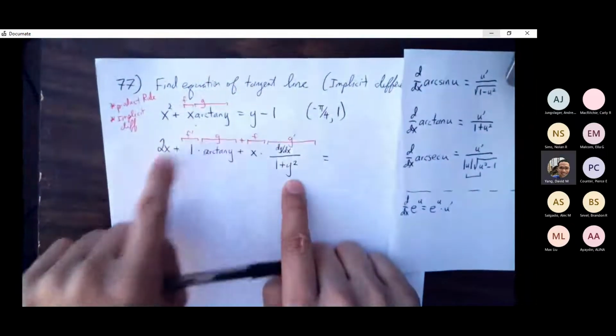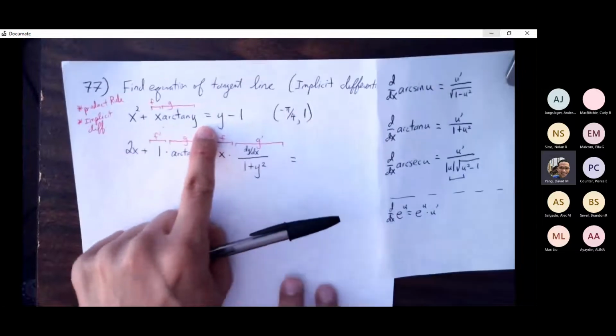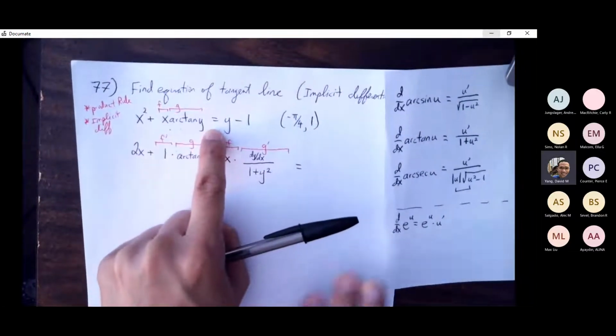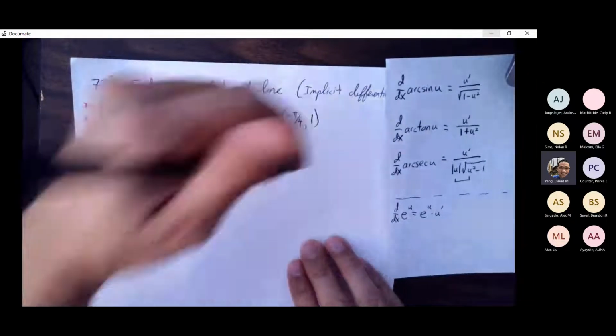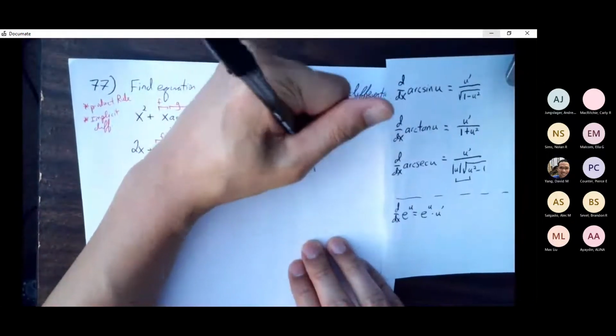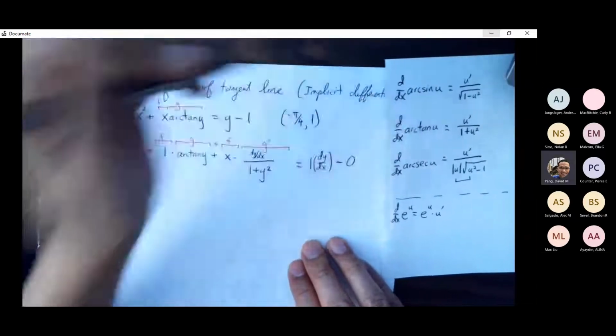Okay, so that completes product rule for that second term there. Equals, so we keep continuing our derivative process. Y's derivative is 1, but we're asking for y's derivative, so we need to attach dy dx. And then the 1 goes away to 0.